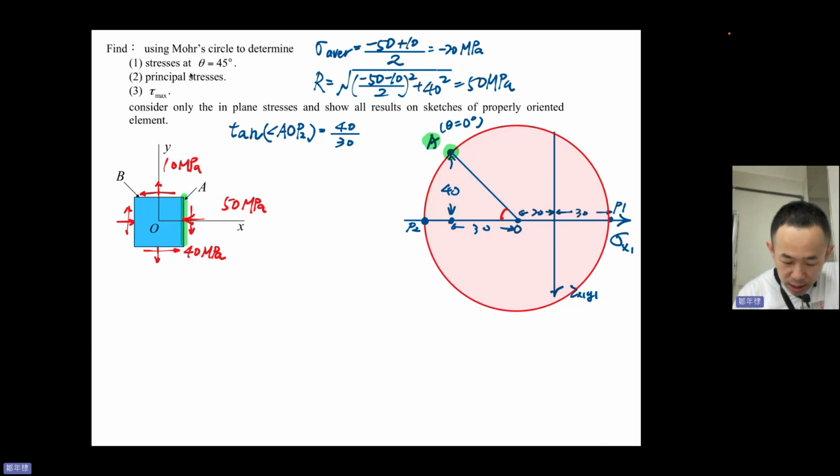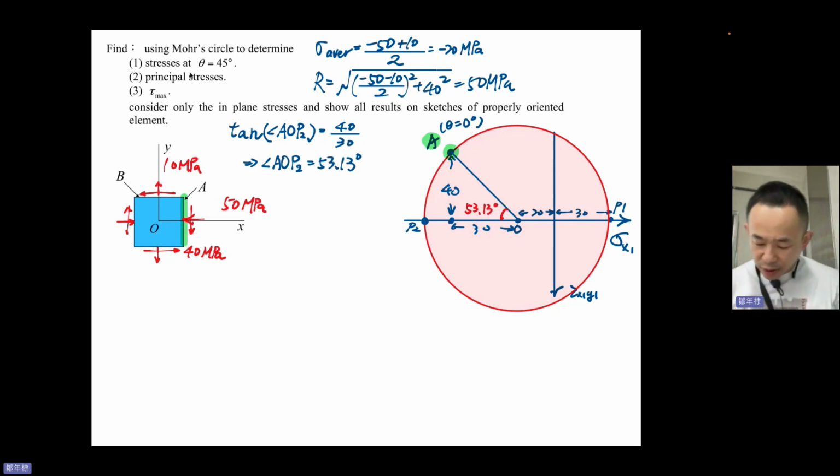And then we can get angle AOP2 equal to 53.13 degree. So now we get that 53.13 degree. All right. Not too difficult, a little bit difficult.